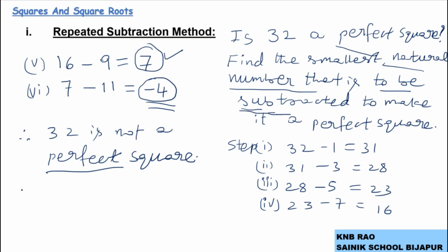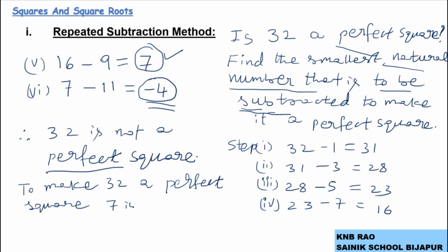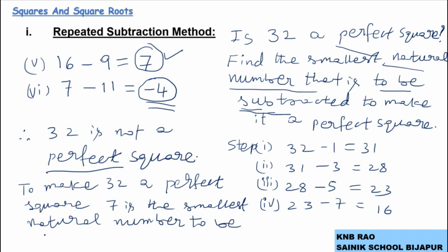Here, to make 32 a perfect square, seven is the smallest natural number to be subtracted.